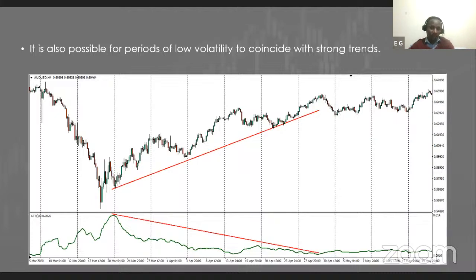The fact that price was trending strongly upwards doesn't necessarily mean that within that period we would have high volatility, because as you can see from our ATR graphic, within that period where we had a strong trend, we also had low volatility. So it means that though price was trending higher, the pace of the price was not quite as fast as you would expect.